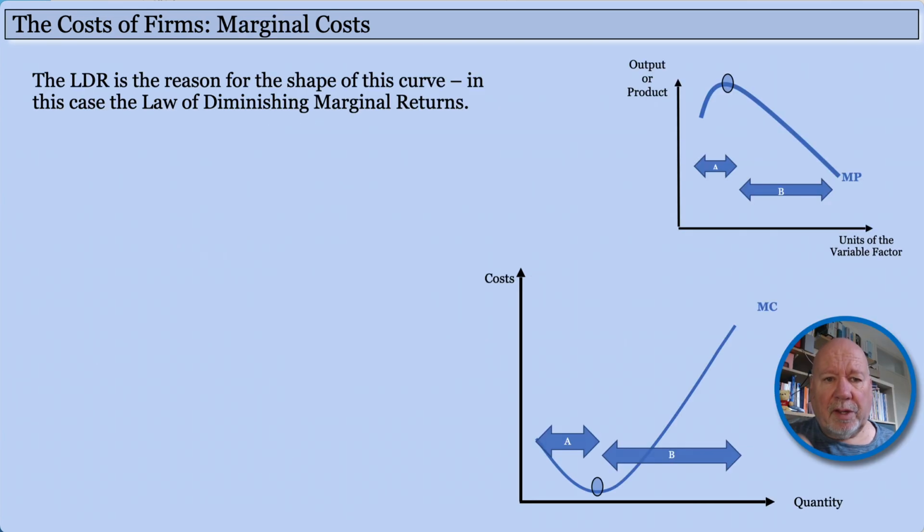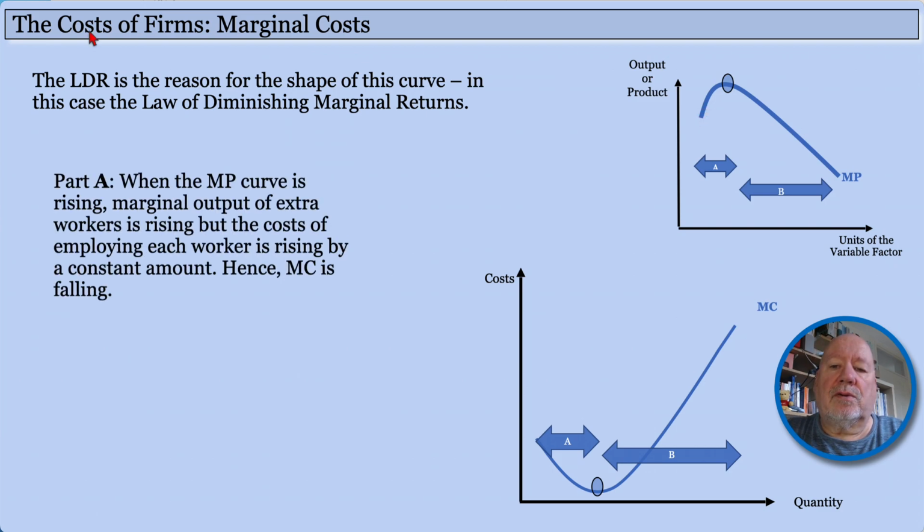So nearly at the end, this is the shape of the marginal cost curve, very similar to what we said before. When the marginal product curve is rising, the marginal cost is falling. Again, we're adding more and more variable factor. Each factor is now more efficient at this point, more productive, giving us more and more output, so our marginal cost would go down.